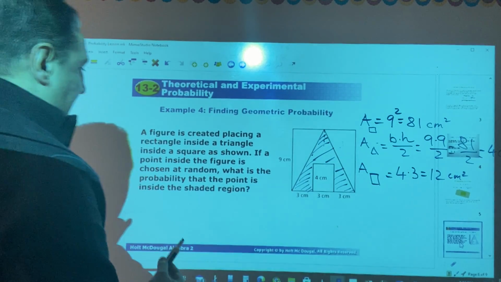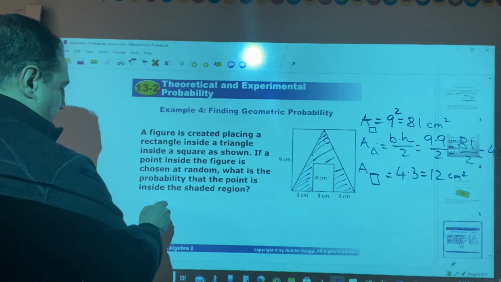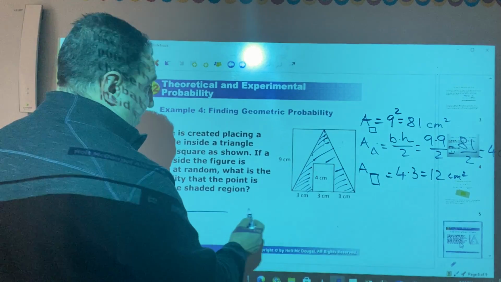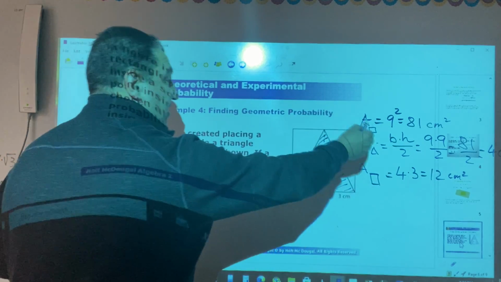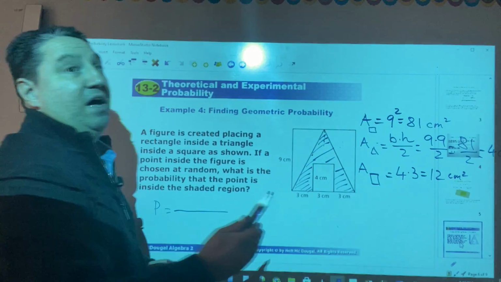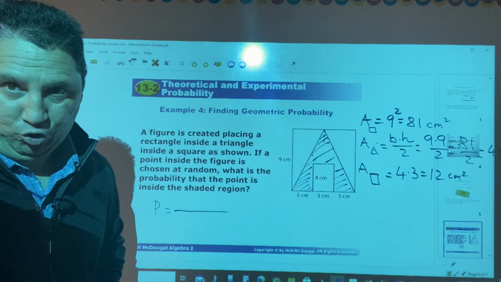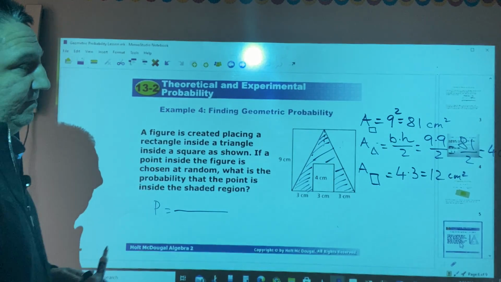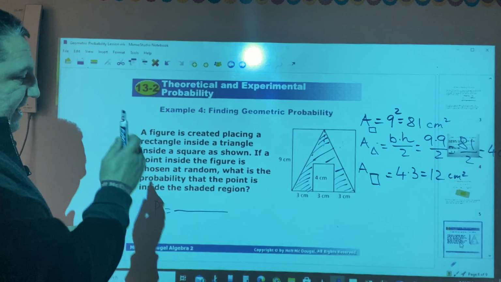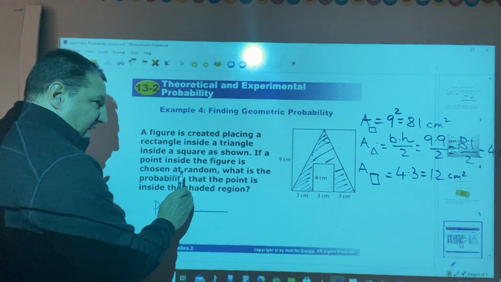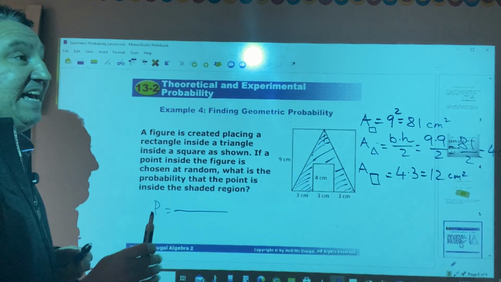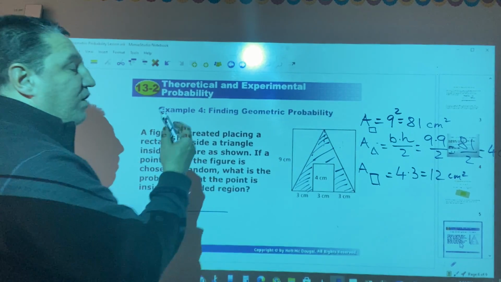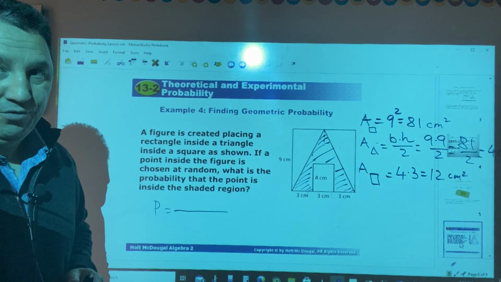Now, what's next? To find the probability that the point chosen randomly in the whole region, which is the square, lands in the shaded region, we have to find the ratio of the area of the shaded region over the total region, right?